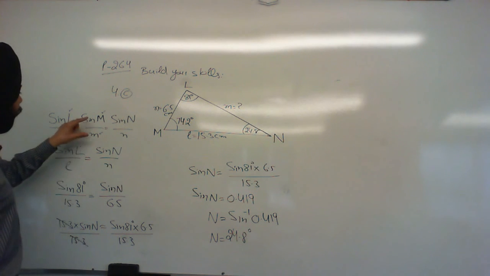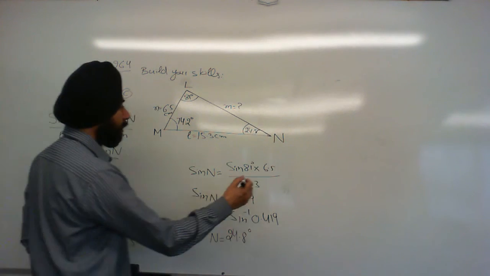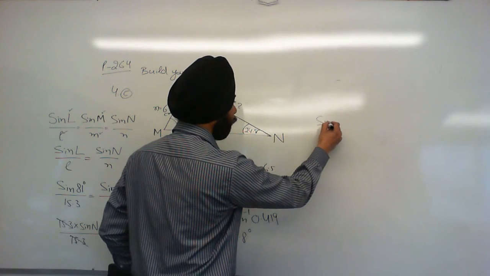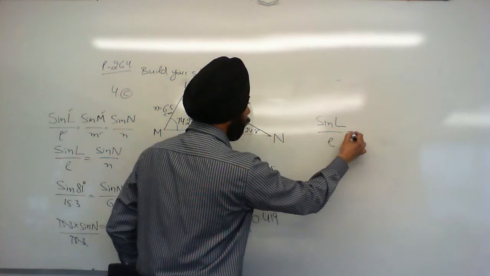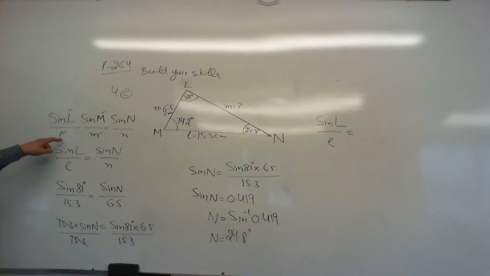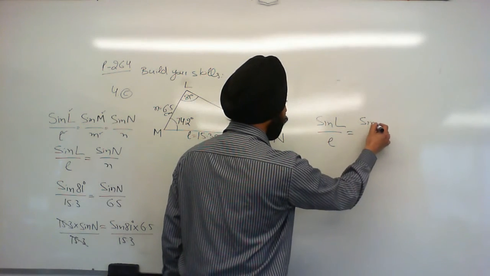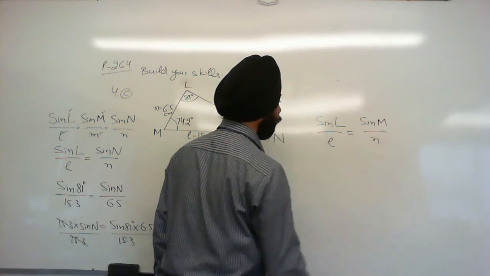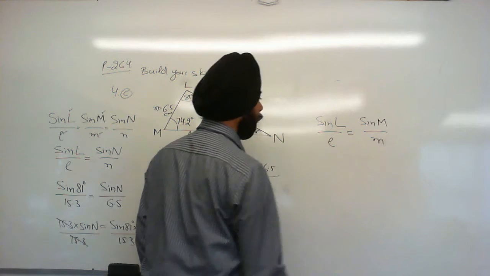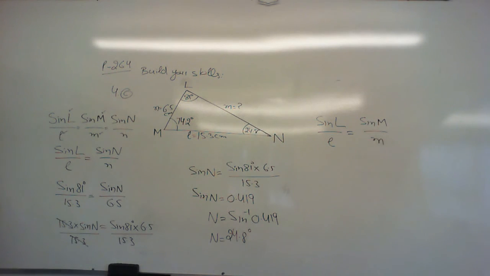Okay, so let's rewrite this formula. Sine L over L is equal to sine M over M. And then put the values into this.